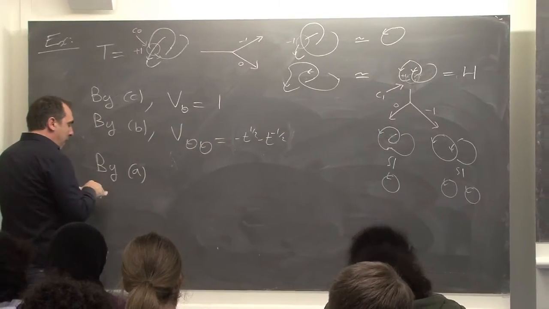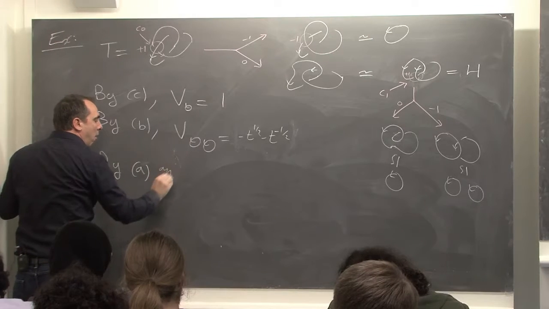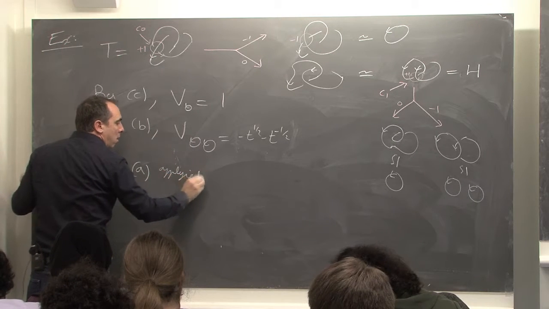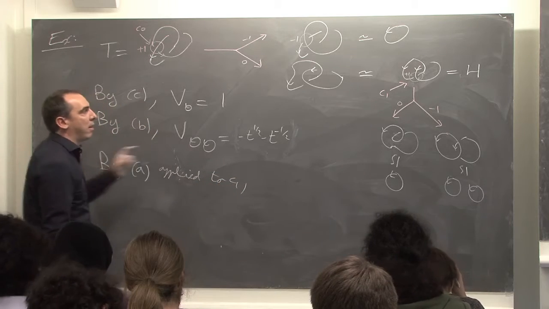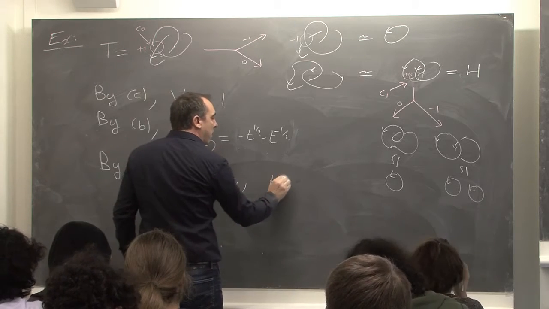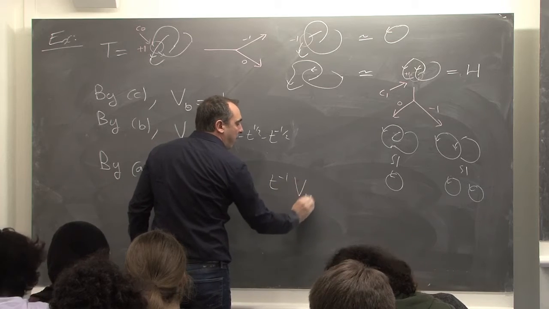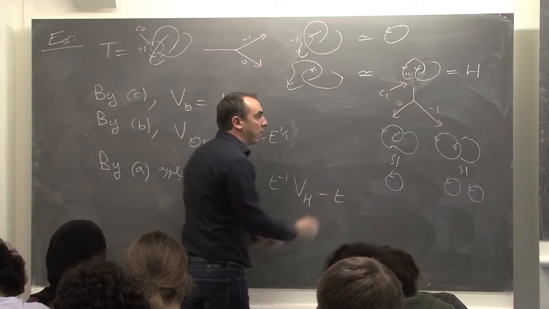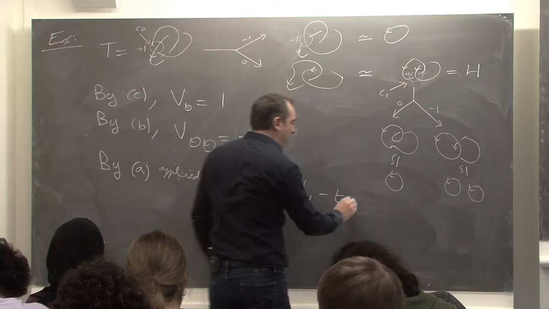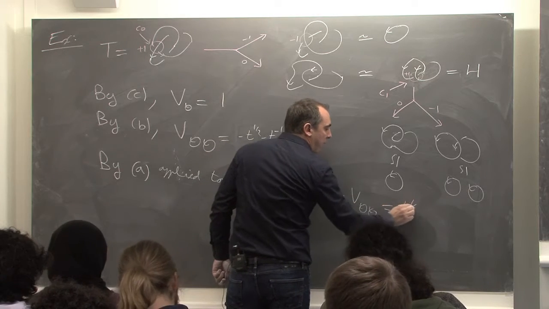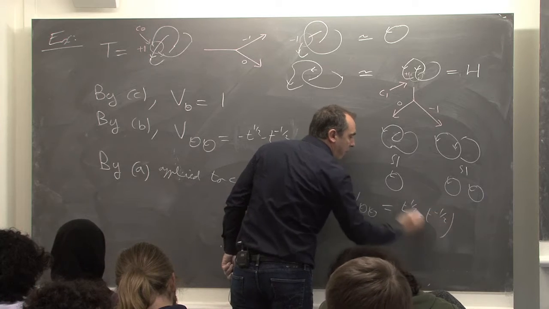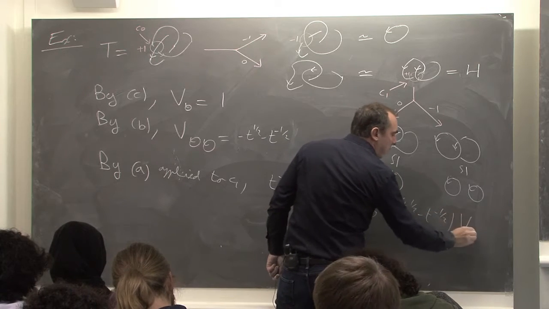By A applied to C1, what do we obtain? T^(-1) V of the Hopf link minus T V of the two component unlink is T^(1/2) minus T^(-1/2) times V of the unknot.